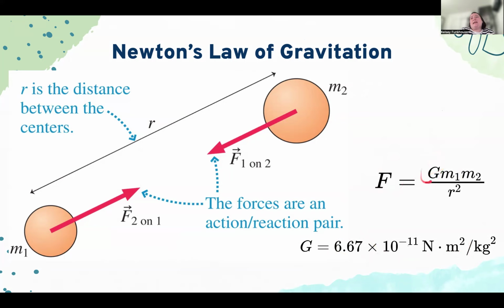So the force is that G times the mass of each of the gravitational bodies divided by the distance between them squared. Mass 1 experiences this force from mass 2, and mass 2 experiences this force from mass 1. But you can see, for one thing, from the equation, the magnitude is going to be the same because both masses are in there and the distance is the same.